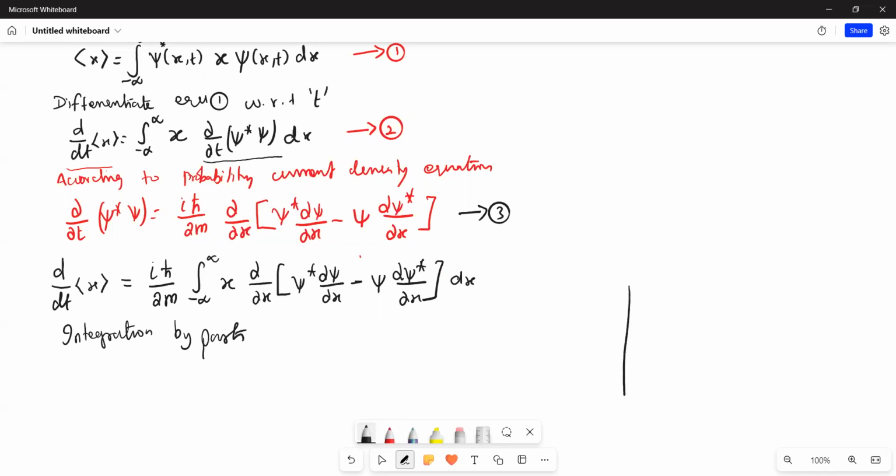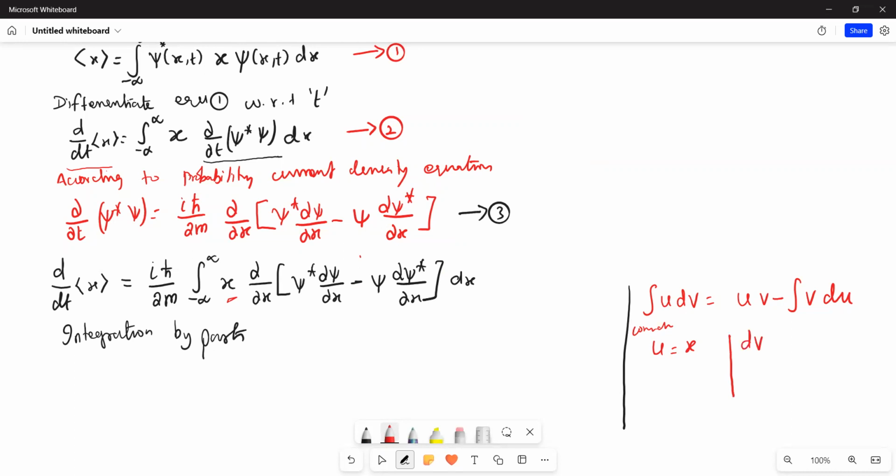We know the basic equation: integral of u dv equals uv minus integral of v du. Here consider x as u, and this complete statement is dv.